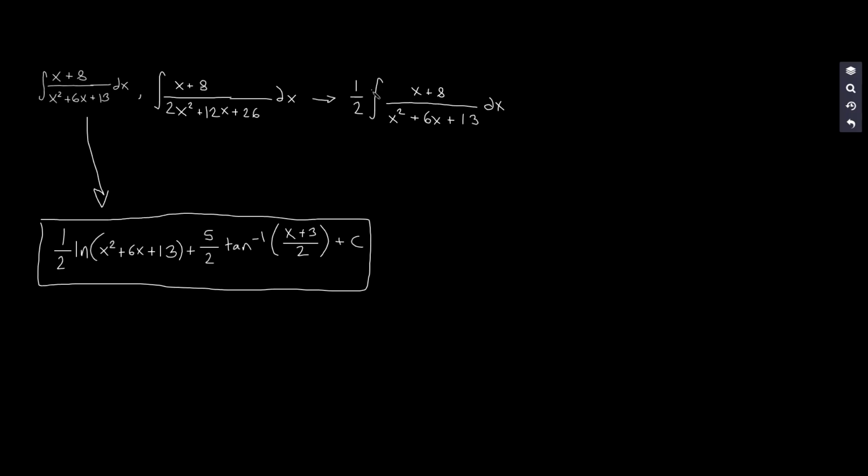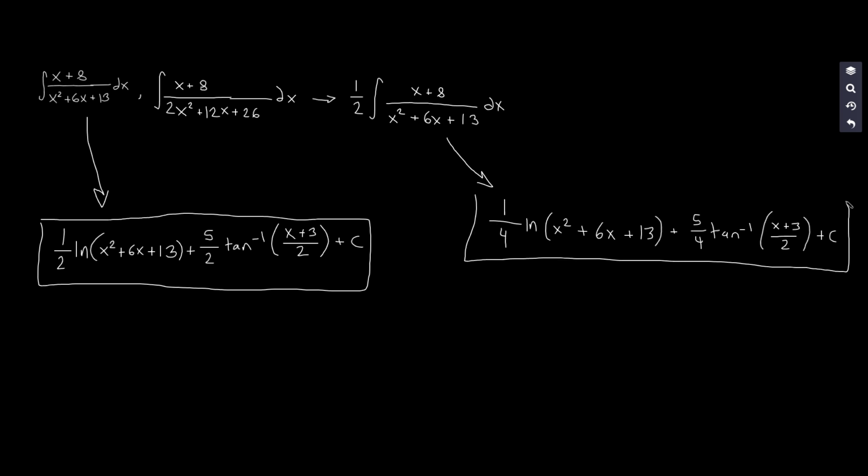But in this case, we have 1/2 times the indefinite integral of x plus 8 over x squared plus 6x plus 13, which came from the integral of x plus 8 over 2 times x squared plus 12x plus 26. We just factored out the 2 from the denominator. It's going to look a lot like what we originally got, only it's going to interact with the 1/2 that we factored out, so it should look like this.